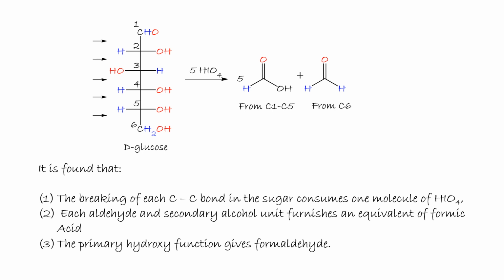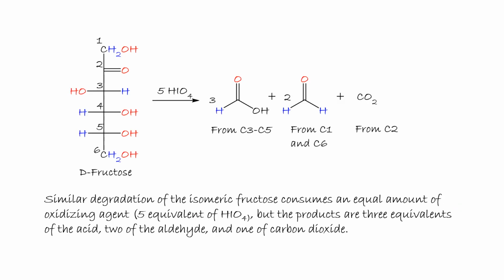So, breaking each C-C bond in the sugar consumes 1 HIO4. Each aldehyde and secondary alcohol will give formic acid. The primary hydroxyl function gives formaldehyde. For the fructose, again, the terminal C1 will be formaldehyde, and the terminal CH2OH will be formaldehyde.